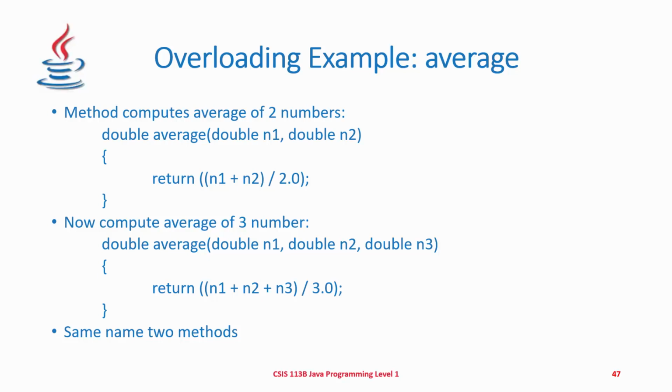So the name is the same for both methods. As a programmer that's going to want to use the class that contains this method average, I can always know that I'm going to use average as the method that's going to return me the correct value regardless of whether I pass 2 values to it or 3 values to it.